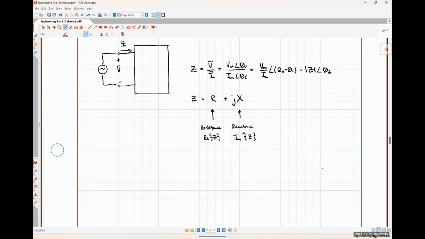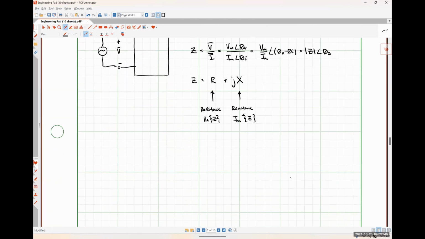So let's take these definitions for impedance and look at what we have for our resistors, inductors, and capacitors. For a resistor, our impedance Z subscript R is just going to be the ratio of the voltage phasor over the current phasor.